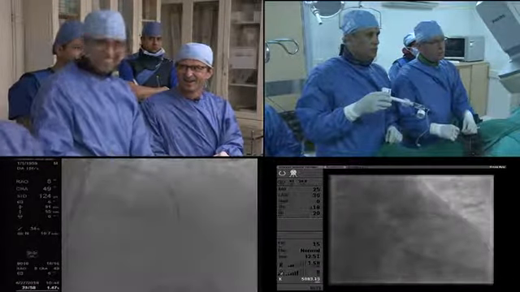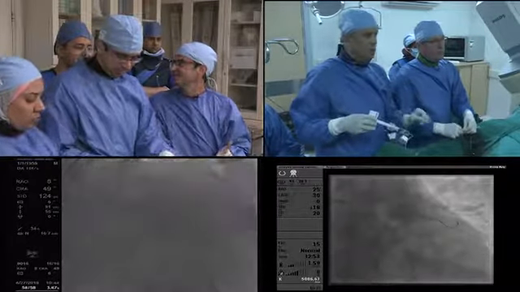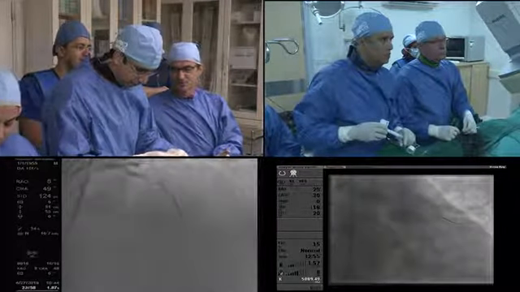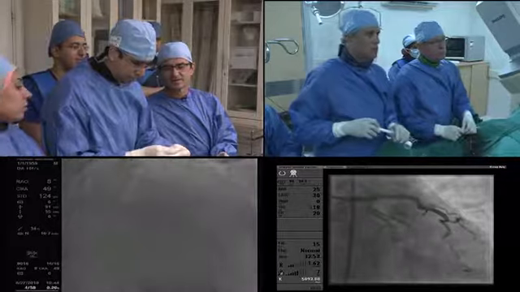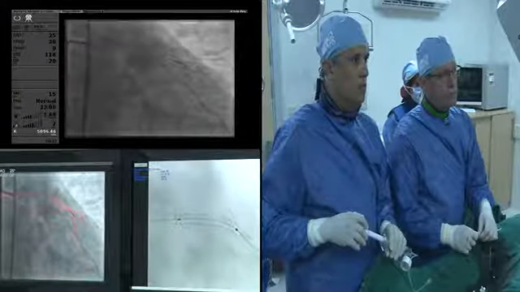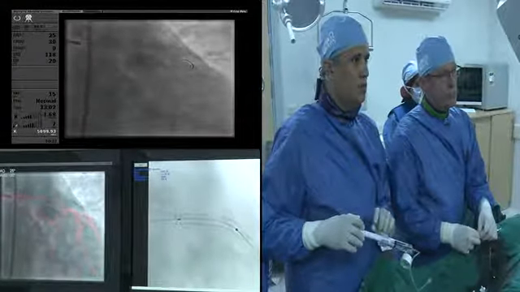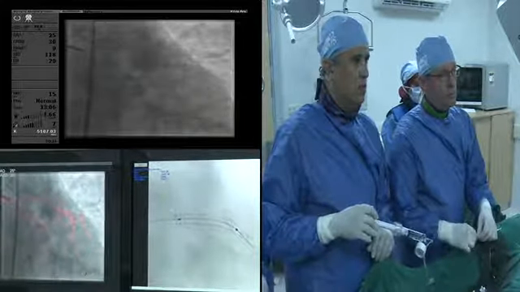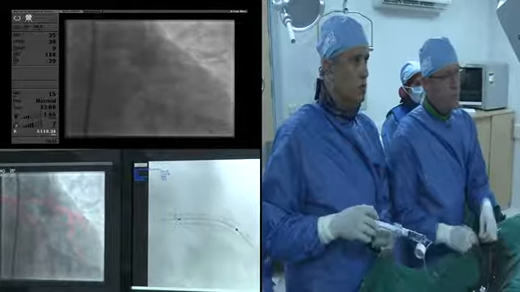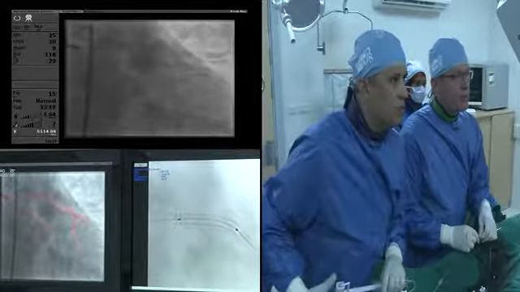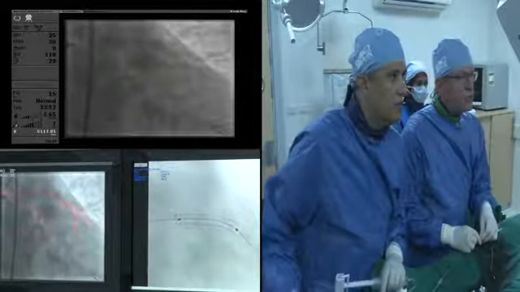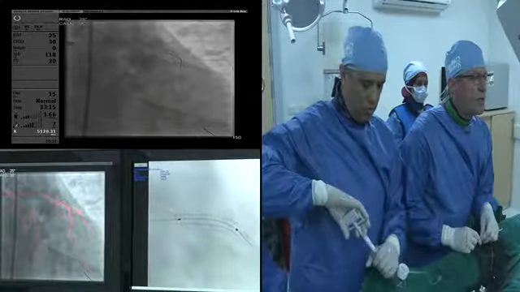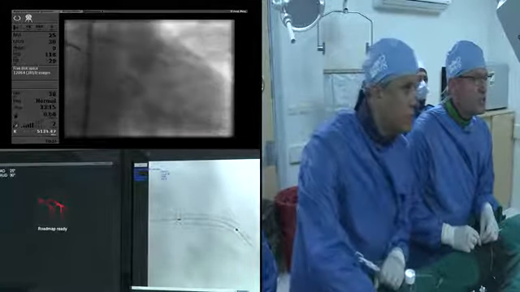It's the diagonal. I will leave it here. Test. It's okay. Have some resistance. It's okay. StentBoost. So we are ready for post dilatation with the NC balloon, StentBoost. And again, maybe the imaging here.